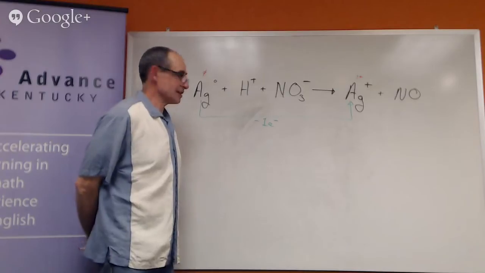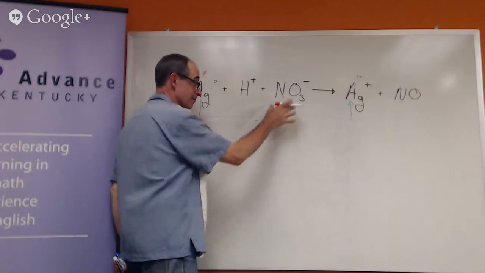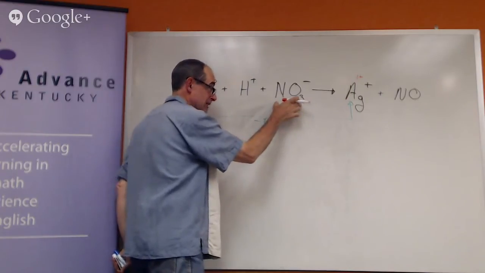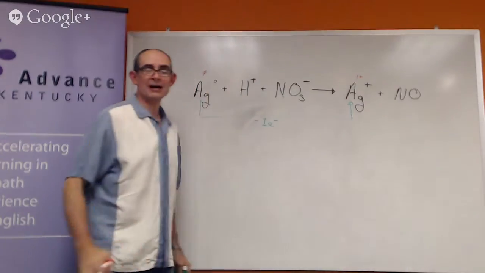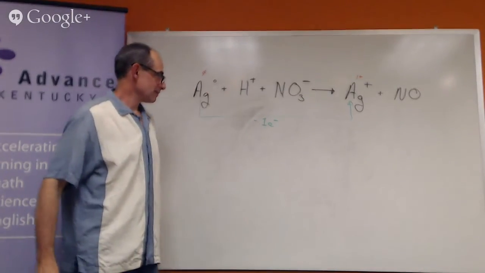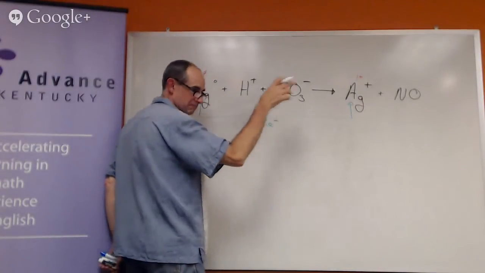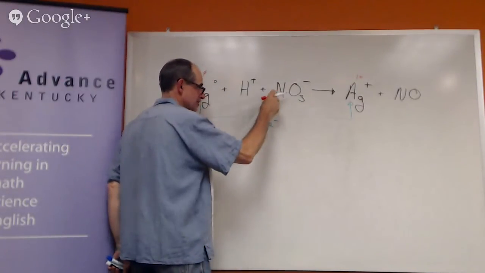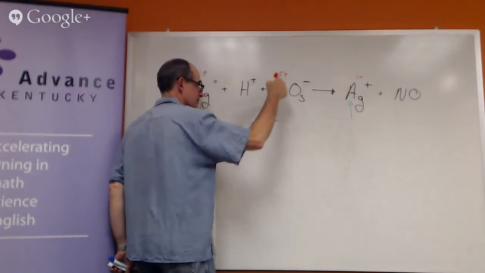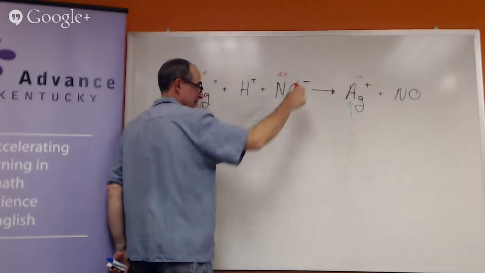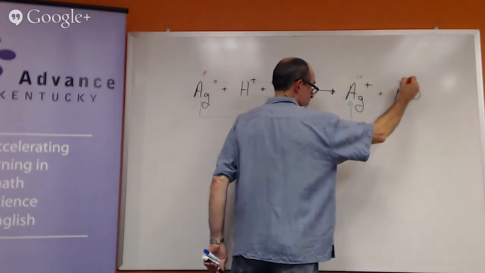The other species changing its oxidation number is the nitrogen atom, which is part of the nitrate ion on the reactant side, but part of the nitrogen monoxide molecule on the product side. If you add up your oxidation numbers, and you can do this at home, the oxidation number for nitrogen here is going to be +5, because +5 and 3 -2s gives me -1.